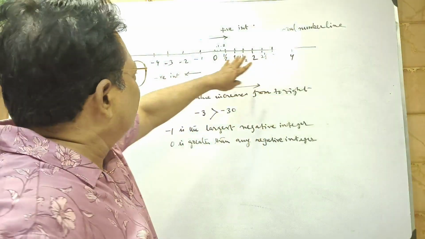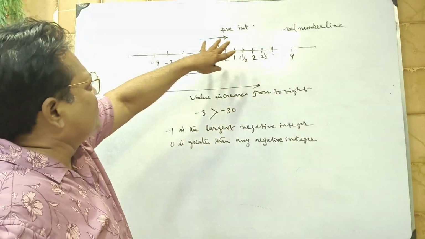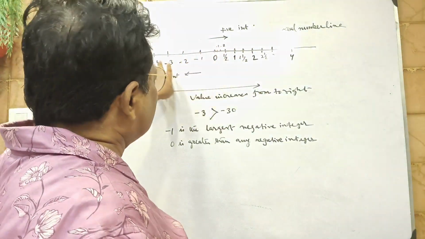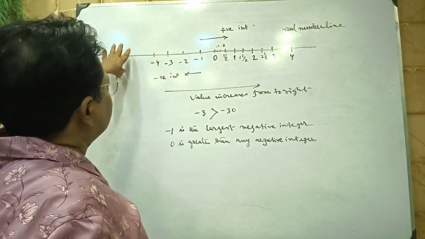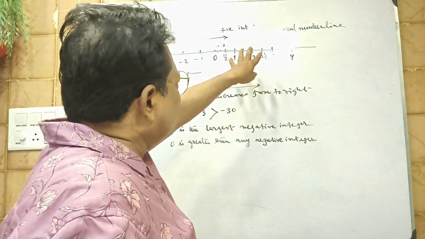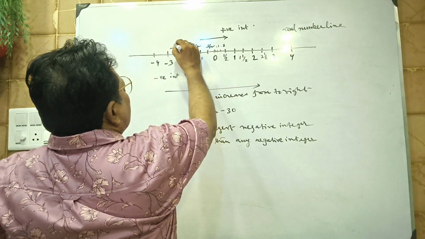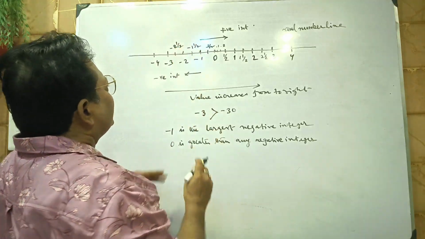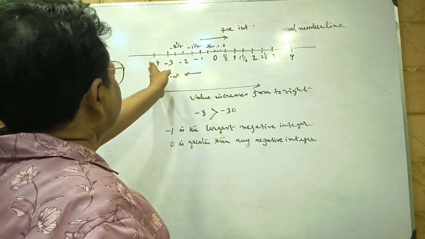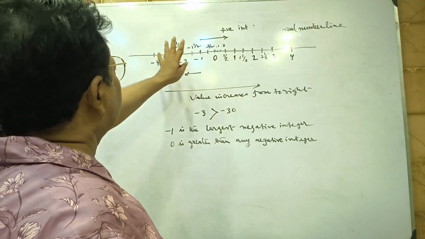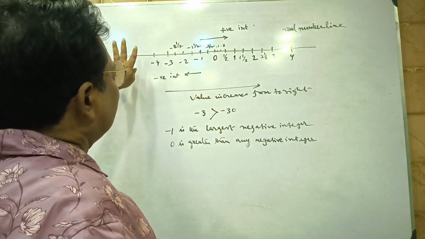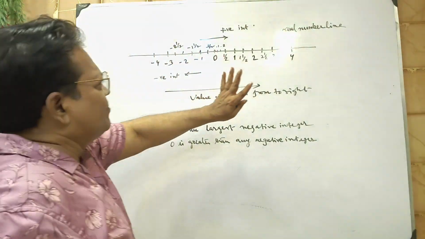But whatever I have discussed up to this, that is negative, and in this way 2 and a half. In this way, for all positive, negative, decimal numbers and fractions, I can get them on the real number line.